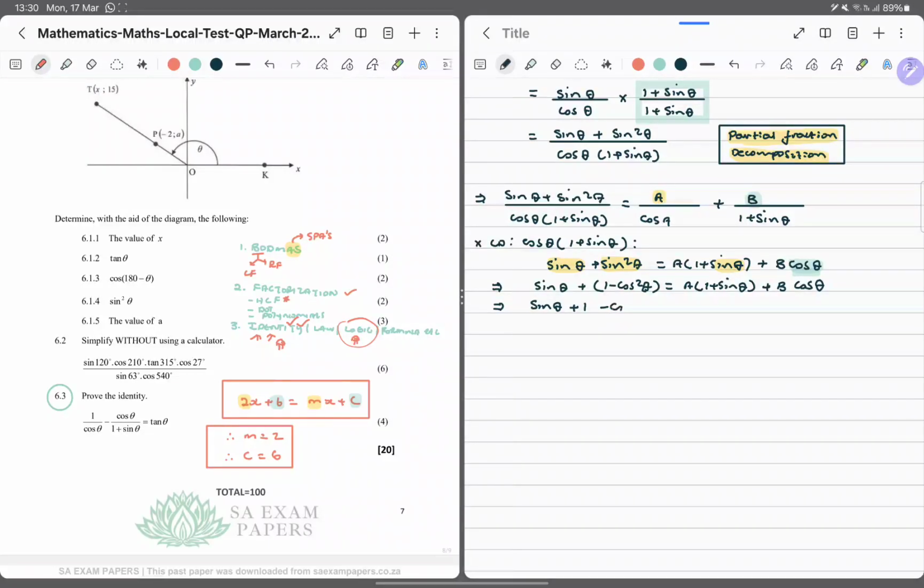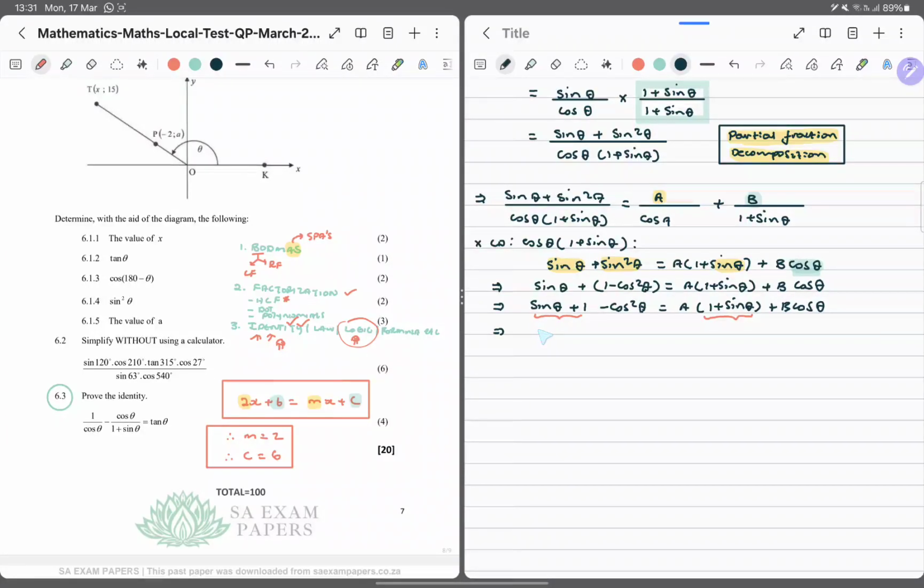Okay, now we break that bracket, we end up with just sine theta plus 1 minus cos squared theta equals a into 1 plus sine theta plus b cos theta. But hold on, we can see there's a square here, but we don't have a square. But again, we can also see that this is coming out. Remember, we can actually sort this out by grouping.